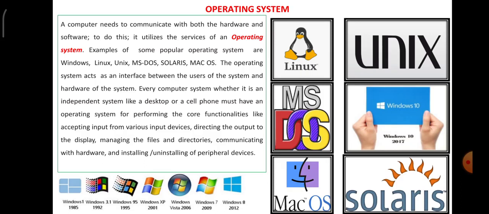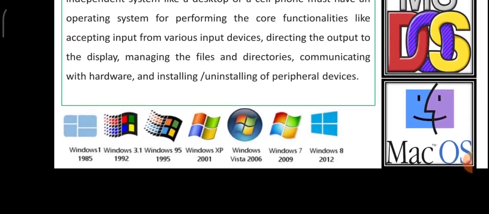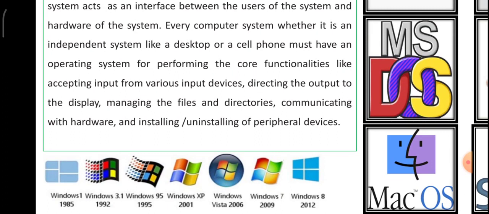Operating system, as you can clearly see on the right hand side, Linux, Unix, MS-DOS, Windows, Mac, Solaris, these are some of the classical examples of types of operating system, and I have given you clearly how Windows in different years, how the transformation has happened starting from 1985 till date.